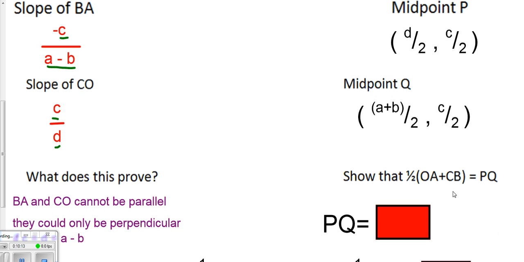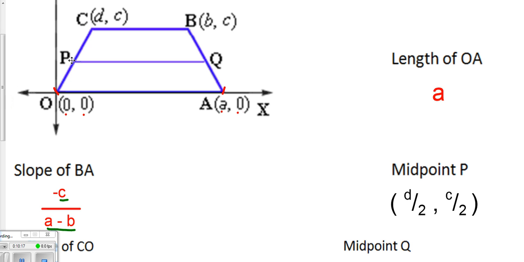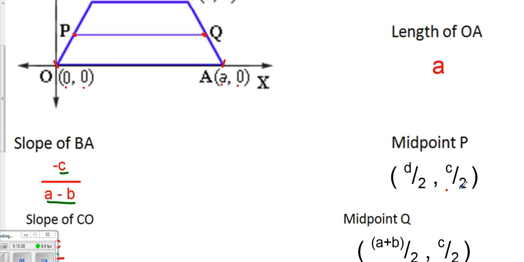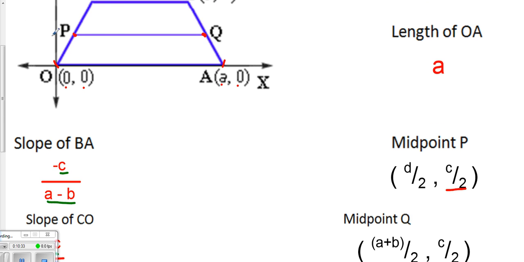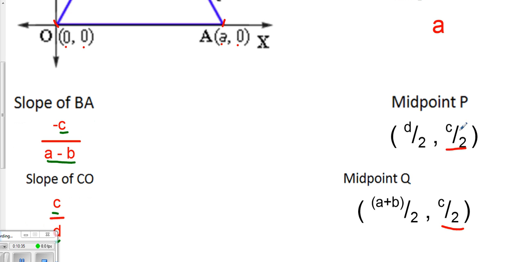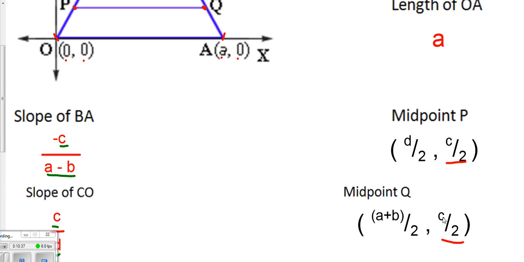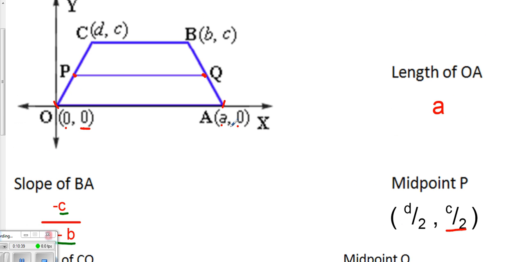So now that we know the two midpoints, we can find the distance from P to Q. We can find how long that mid-segment is. So we'd have to use, in a sense, the distance formula, but look at the fact that they are both on the same y line. Right? They're on a straight line right here because both of them are at c over 2 and c over 2. Just like these were both at 0, so we could just count over. These were both at c, so we could count over.